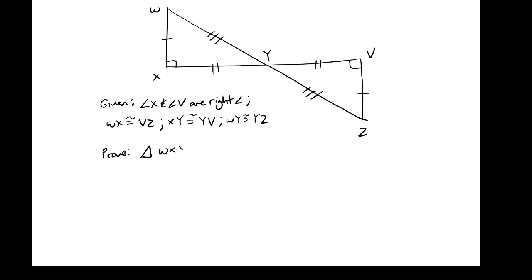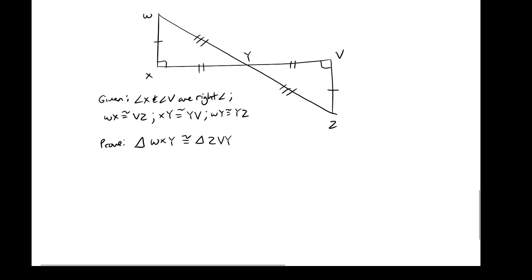Now, we don't have any theorems that give us any shortcuts here where we need less proof to make our case, right? We need to show that all the angles and all the sides right now in this course so far are going to make our case for us. So here we go. Statements, reasons. So we need to be explicit about all three sets of both angles and sides.